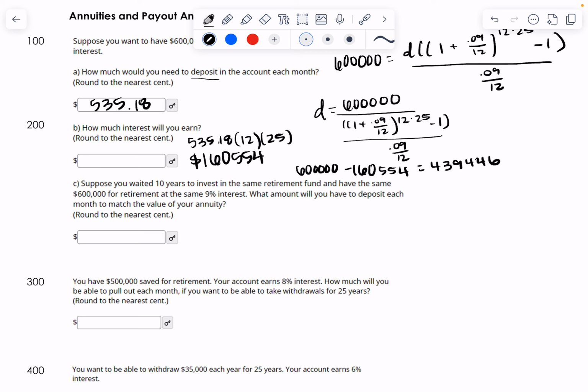Suppose you waited 10 years, how much would you have to deposit to match that? So the deposit amount would be 600,000 over 1 plus 0.09 over 12. And instead of having it be in there for 25 years, now you only have 15 years.